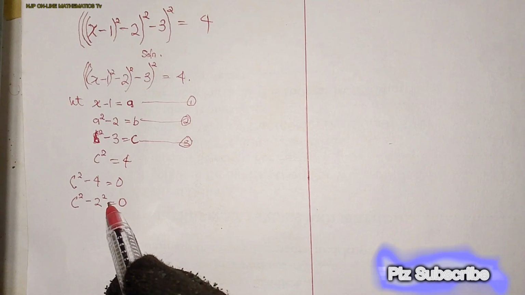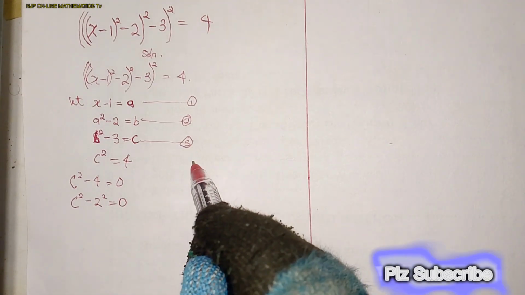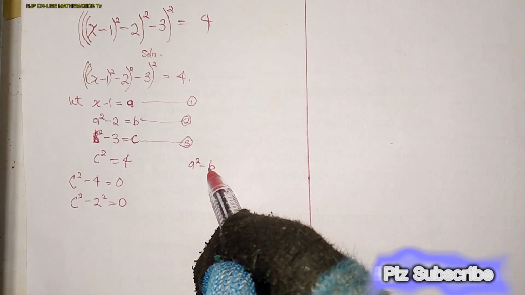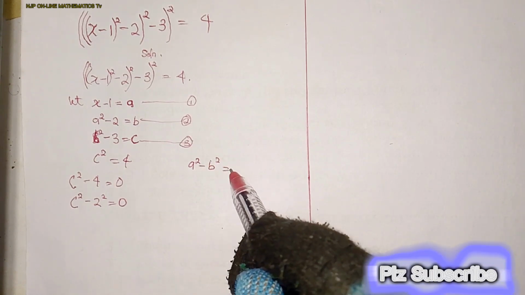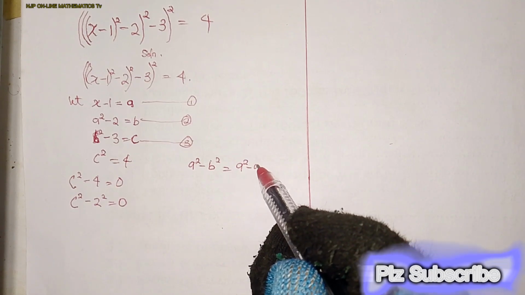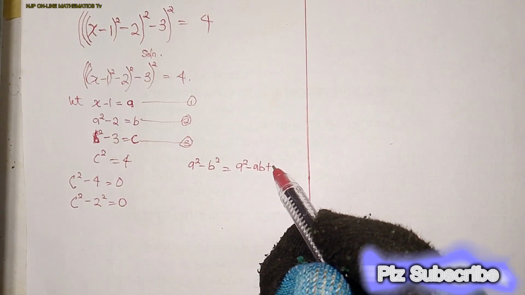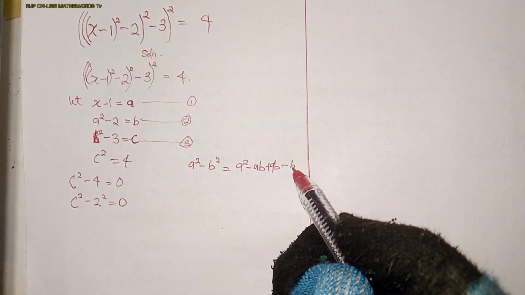So let's give the relationship for the difference of 2 squares. If we are having a square minus b square, this can also be written as a square minus ab plus ab minus b square.